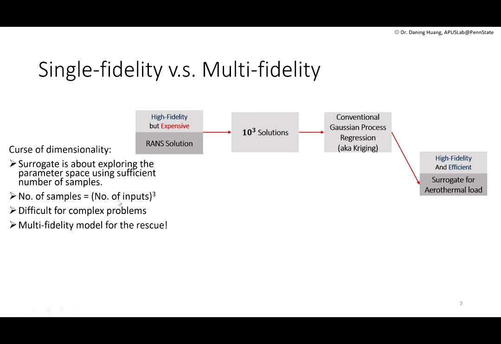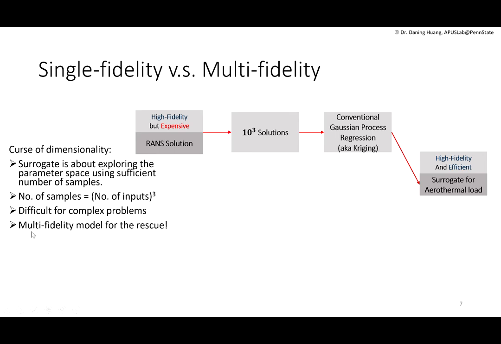This means this surrogate model is really difficult to apply for very complex problems. By complex here, we mean, for example, geometric configurations that are very complex, involving very complex deformations that are hard to parameterize. And if we have so many parameters, then we would need too many RANS solutions that are intractable to generate in a practical amount of time.